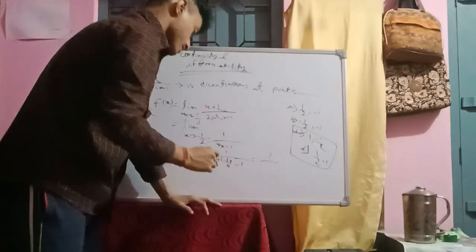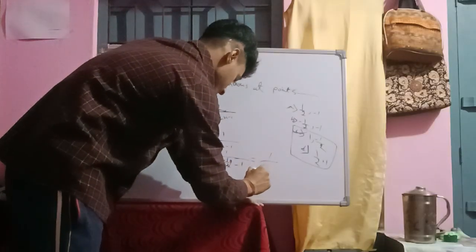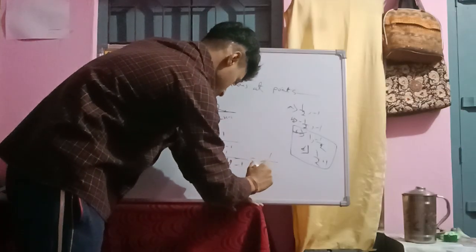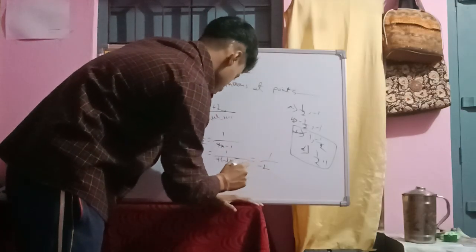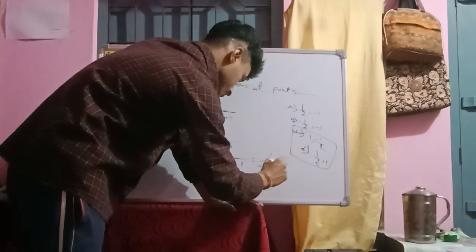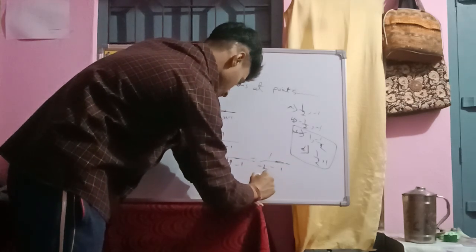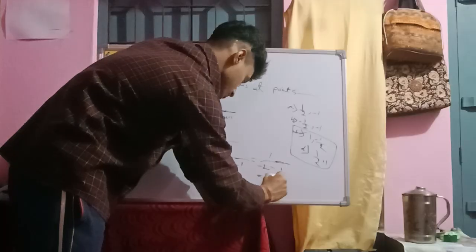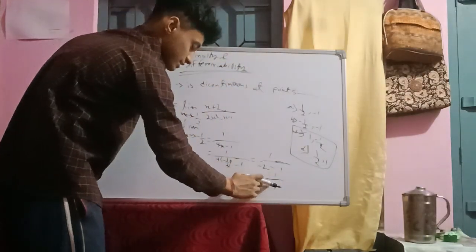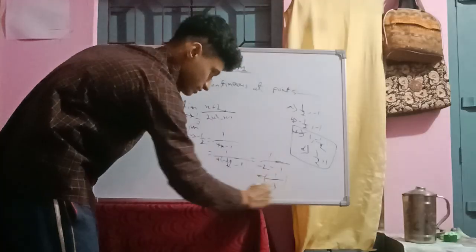So this would be the same as 1 over minus 2 minus 1. So this would be 1 over minus 3, or you can write this as negative of 1 over 3.